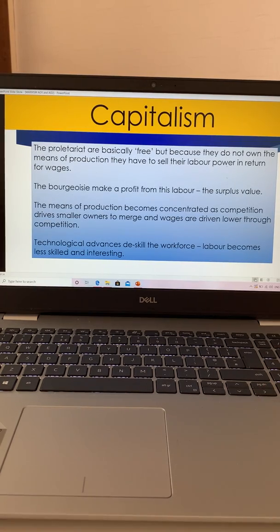Obviously, capitalism is a fundamental. It's the main thing you think of when you think of Marxism. So making a profit off of this labour, technological advances, what happens if we're more globalised, if people are always interconnected and know what's going on all around the world, we've got more technology. It's de-skilling our workforce.